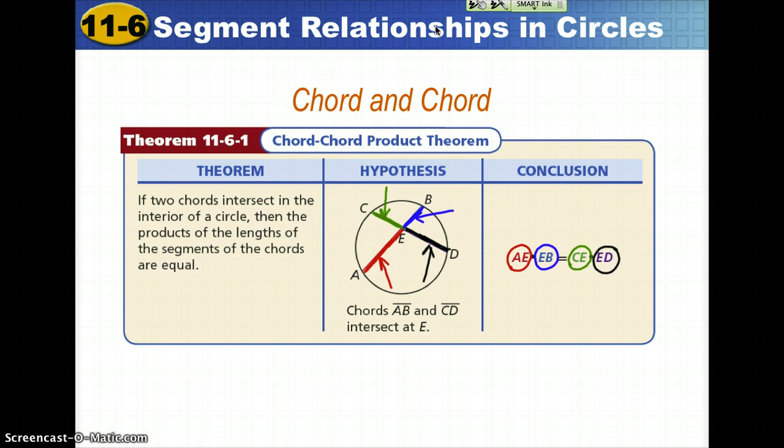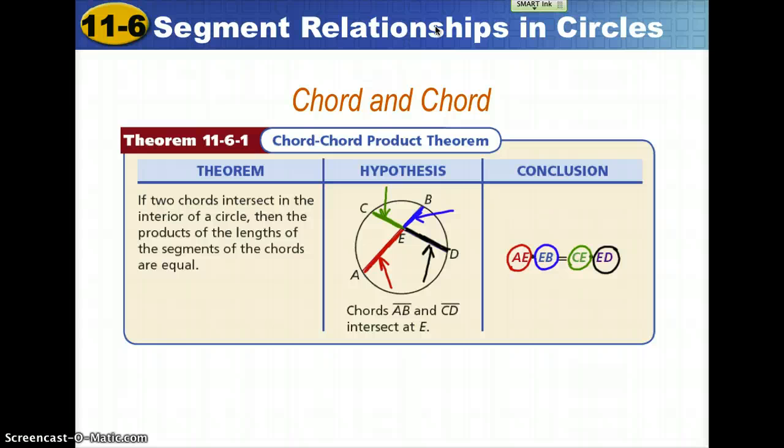So if you take part of one, multiply it by the other part of that one, that equals part of the other, multiplied by the other part of the other. So for chords, it's all about looking at the individual pieces of each chord, which breaks up into two spots, and then we multiply those.